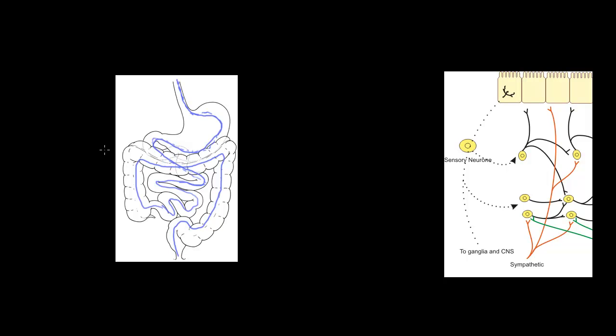That makes sense because the myenteric plexus sits between the circular and longitudinal smooth muscles and innervates that musculature. We have muscle throughout the intestinal tract that helps in moving and digesting food, pushing it through the entire system.